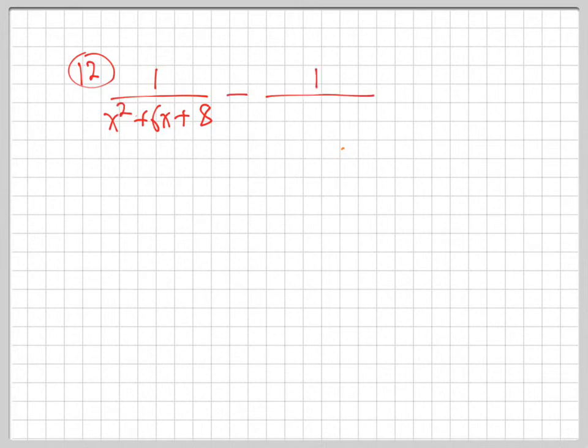To number 12. Number 12: 1 over x squared plus 6x plus 8, minus 1 over x squared minus 3x minus 10.